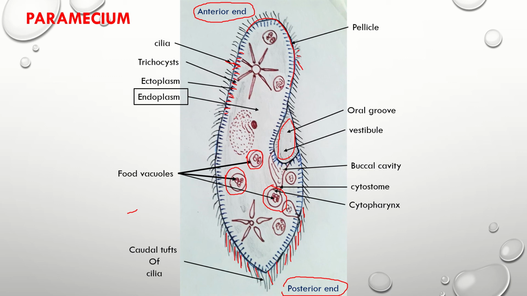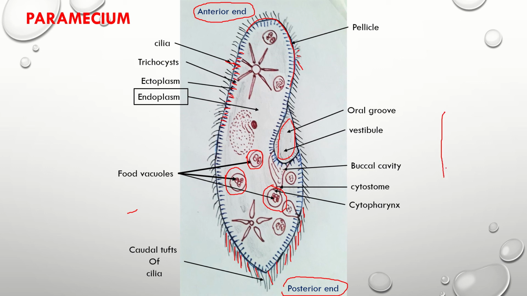These trichocysts are oriented at right angles to the body surface. They measure about 4 micron in length, and each trichocyst consists of an elongated shaft-like projection.